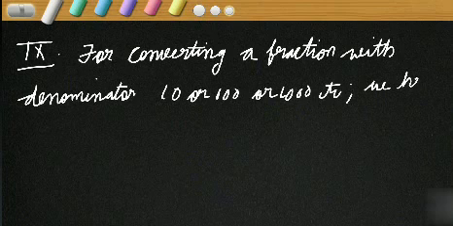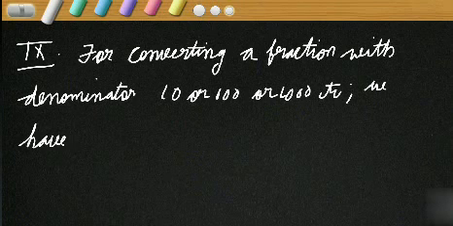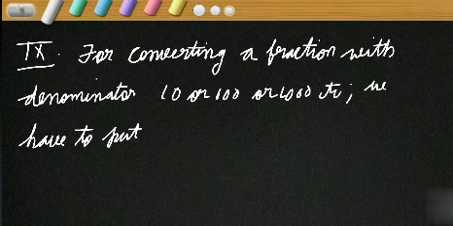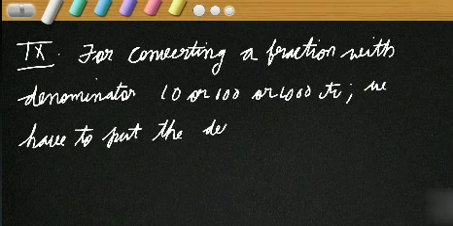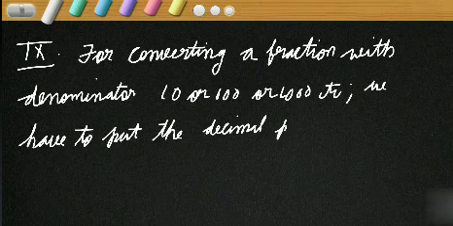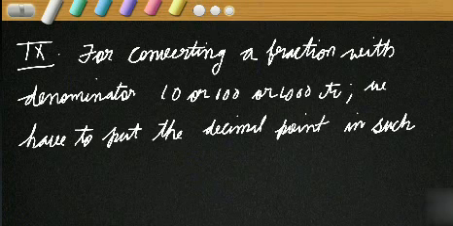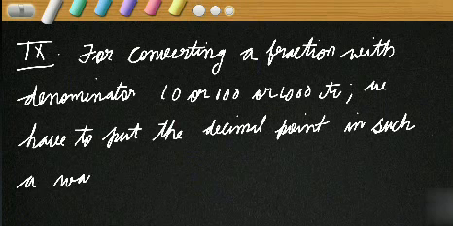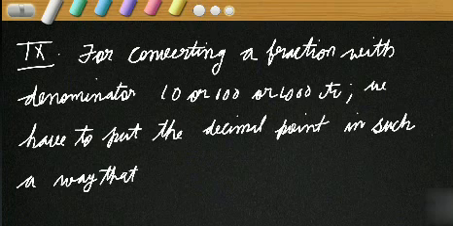Yes, we have to put the decimal point in such a way that the number of decimal places and the number of zeros in the denominator are equal. The number of decimal places.